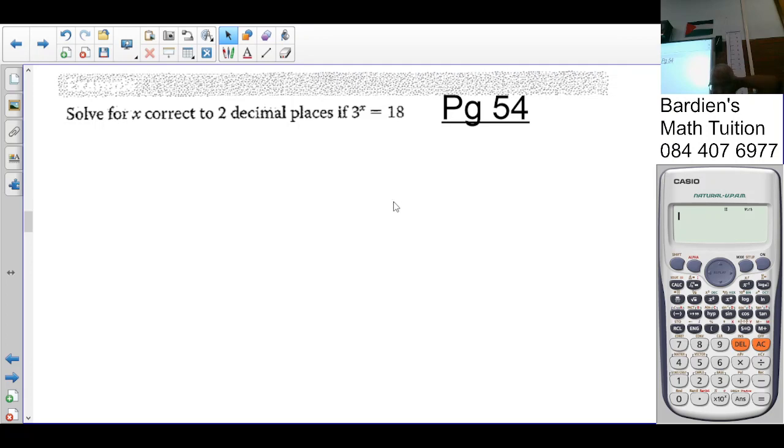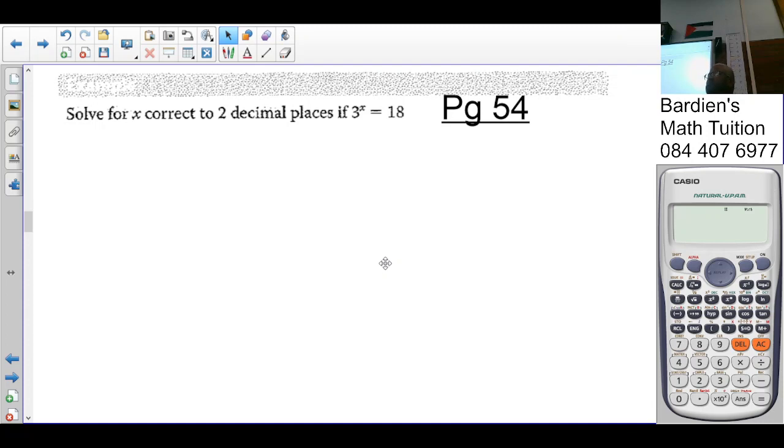So looking at 3 to the x is equal to 18, solve for x correct to 2 decimal places.